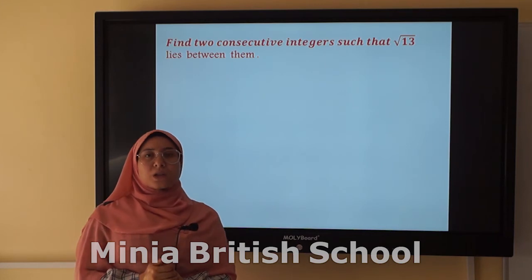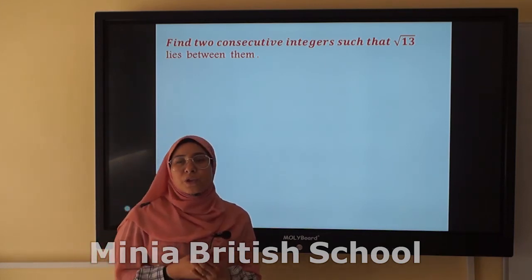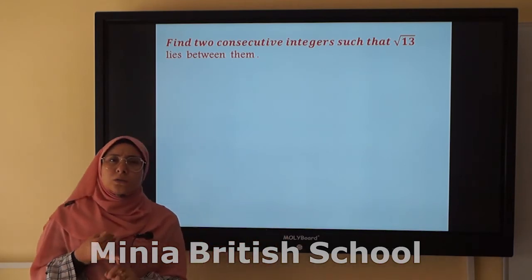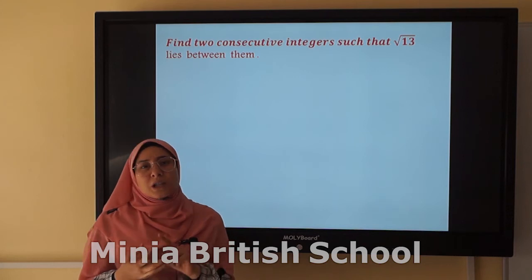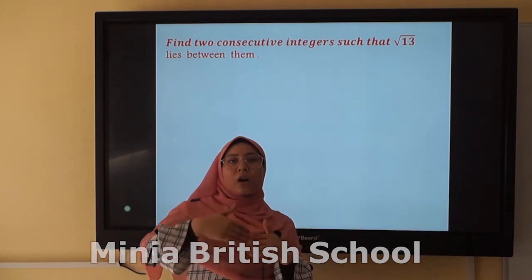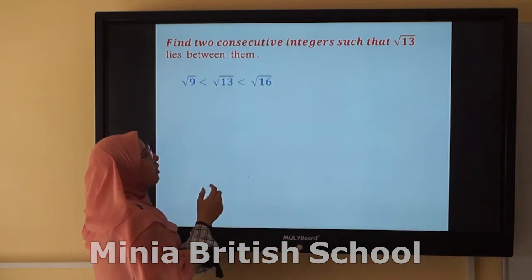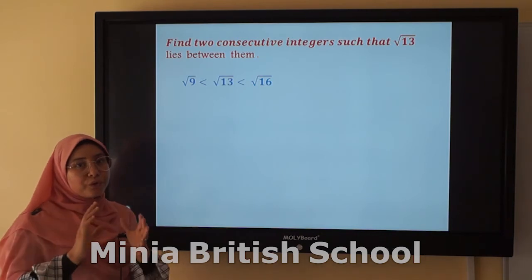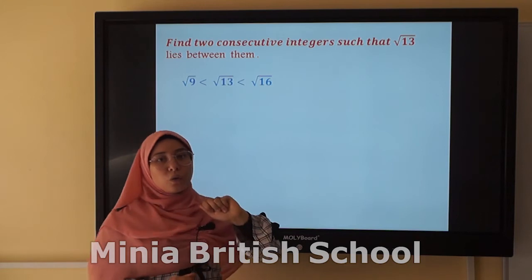So the perfect squares are what? 1, 4, 9, then 16, 25, 36. So number 13 lies between two perfect squares, 9 and 16, okay?